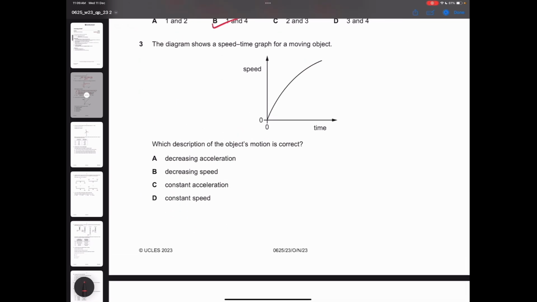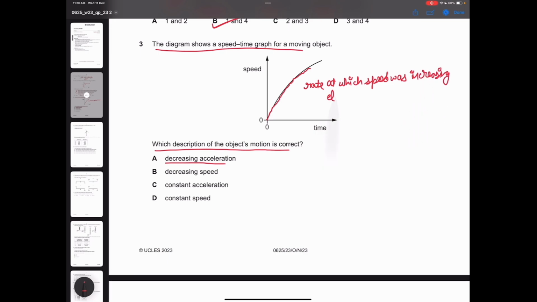Now, the diagram shows a speed-time graph. Which description of the object's motion is correct? Is it decreasing acceleration? As we can clearly see here, the speed is increasing, but the rate at which speed was increasing earlier is decreasing now.